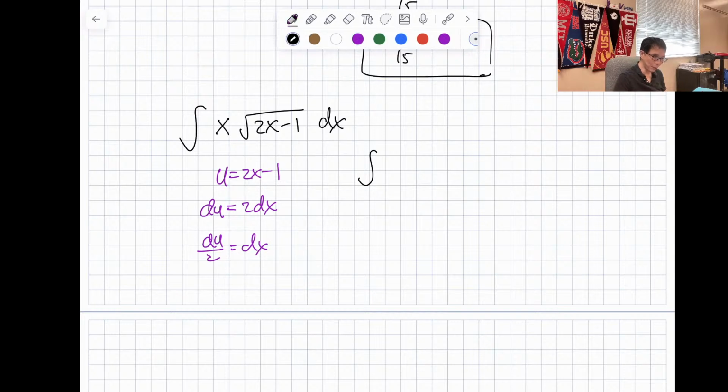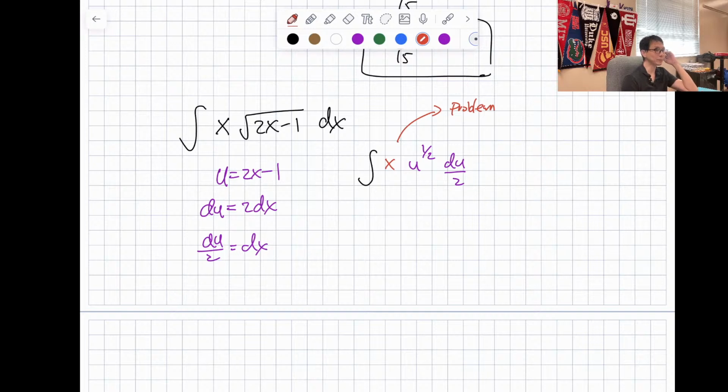Our problem is this x right here. So this one's going to be u to the half, and this is du over 2, and x is the problem. Hopefully you got to here.